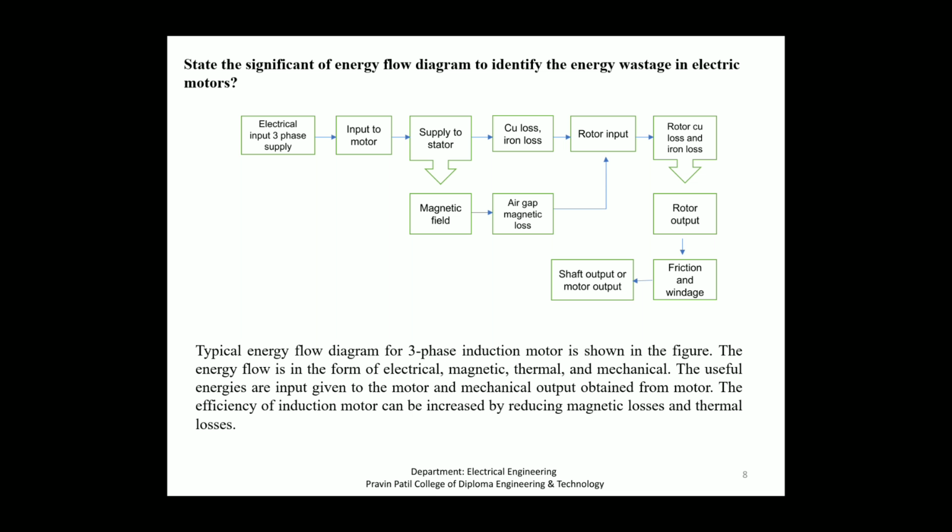In between supply and shaft output there are various losses, and because of these losses the efficiency of the motor is 70% to 75%, meaning 30 to 25% are the losses which occur in the motor. So our main aim in this unit, unit number 2, is to decrease these losses by using various techniques in electrical motors.